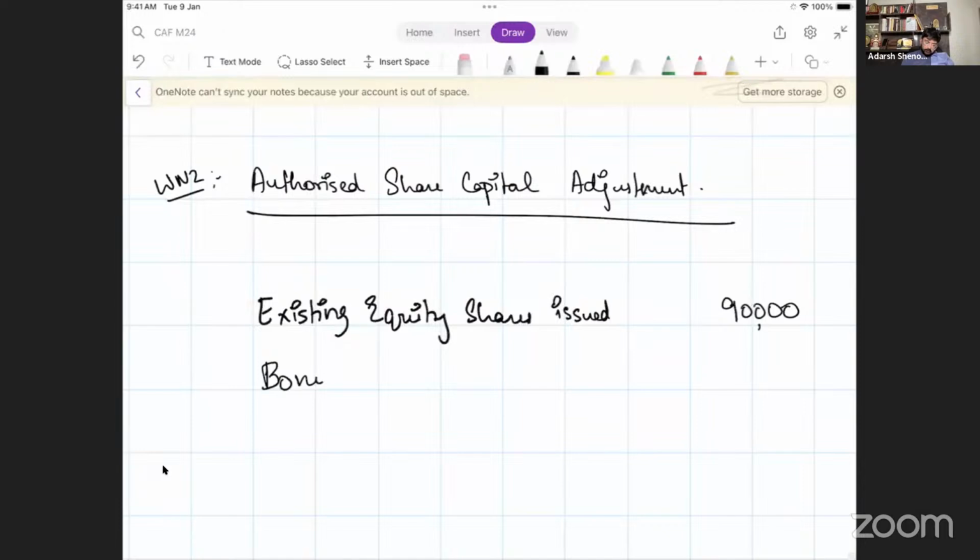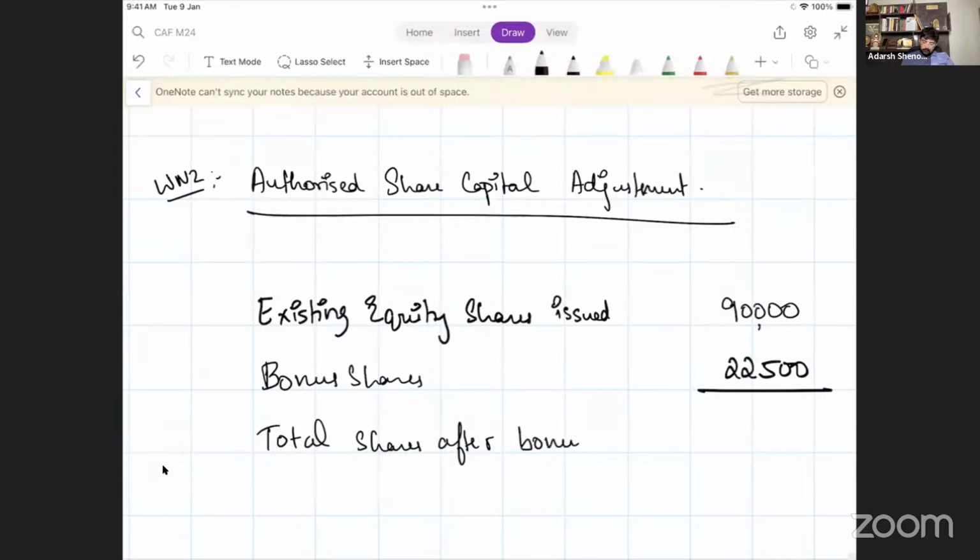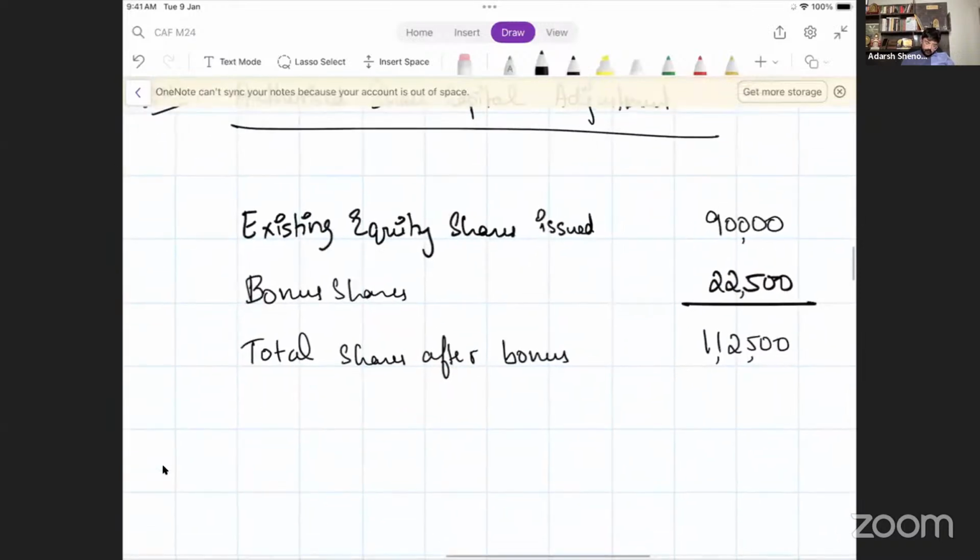How many bonus shares am I going to issue? 22,500. Total shares after bonus: 1,12,500.